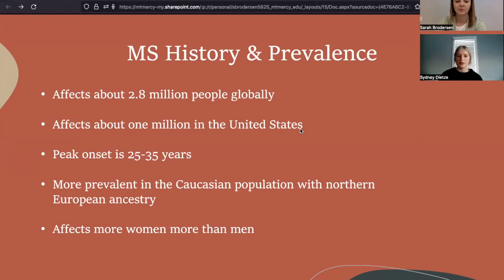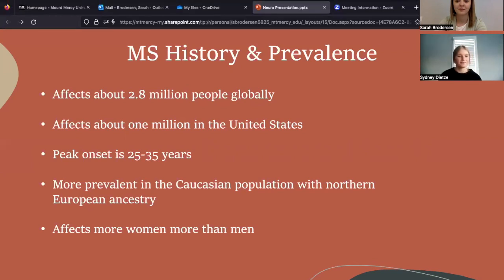It also tends to be more prevalent in the Caucasian population with a Northern European ancestry, and it affects more women than men. Women are actually 3 times more likely to be diagnosed with MS than men. And it has been suggested that hormones may play a role in MS susceptibility because of this.